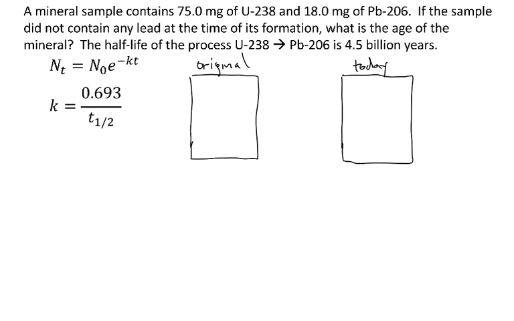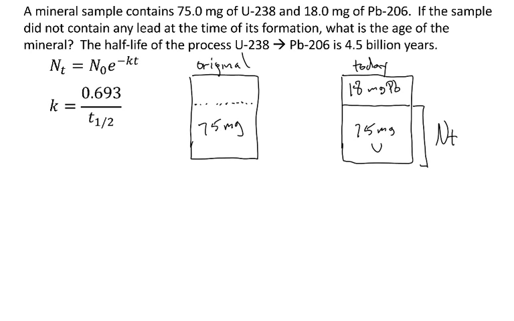Now we know that today I have 75 milligrams of uranium and 18 milligrams of lead. The amount of uranium that's left is my NT. That 75 milligrams that I have today would of course have existed in the original rock.